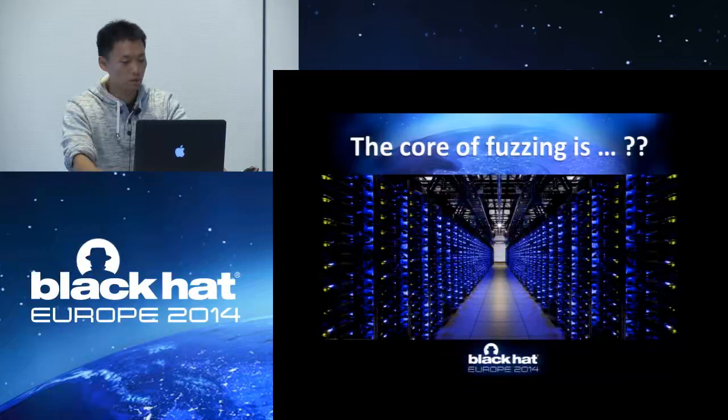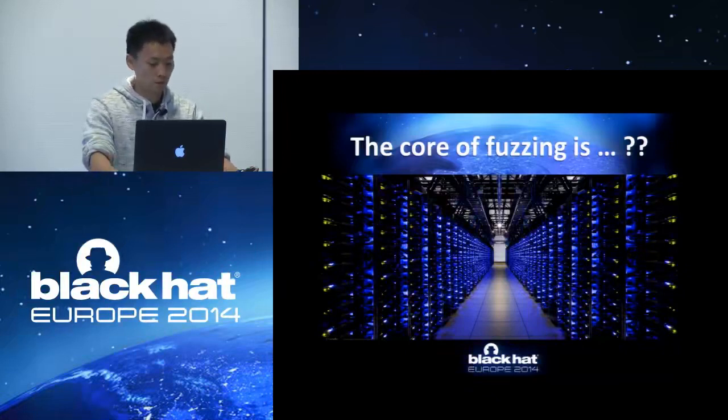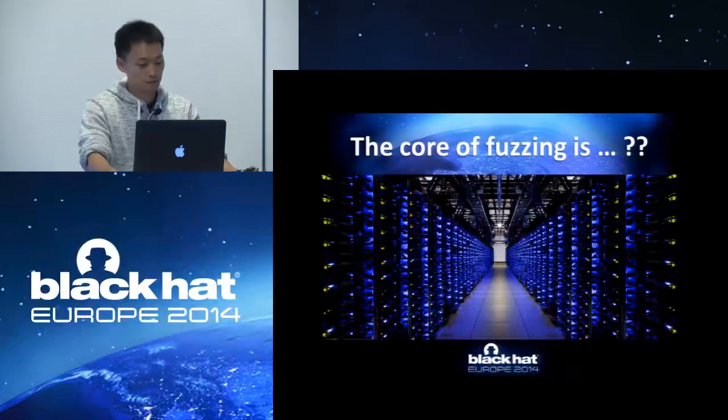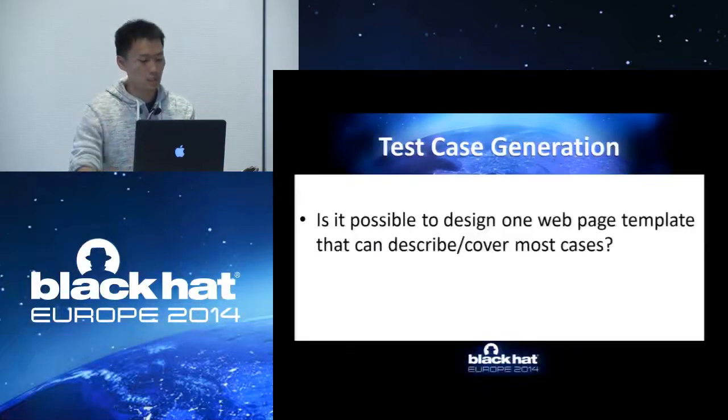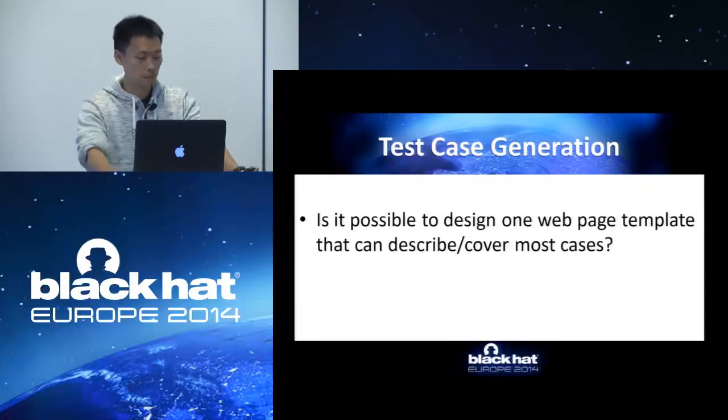So we would like to attack this problem, but first of all, we need to solve one thing: how to describe a web page for test case generation purposes. You know, there are many things on a web page, like attributes, tags. So we asked ourselves a question: is it possible to design one web page template that can describe and cover most cases?